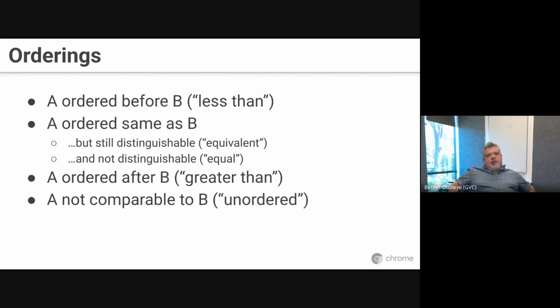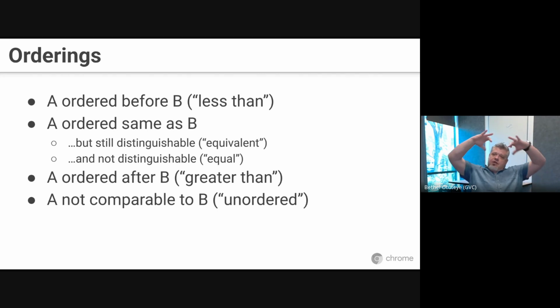In some particular set, we can be in one of 4 different cases when we compare 2 different elements. We can have element A ordered before B, which we usually call less than, A is ordered the same as B, A is ordered after B, which we usually call greater than. And then the NaN case, A is not comparable to B, which we usually say they're unordered with respect to each other.